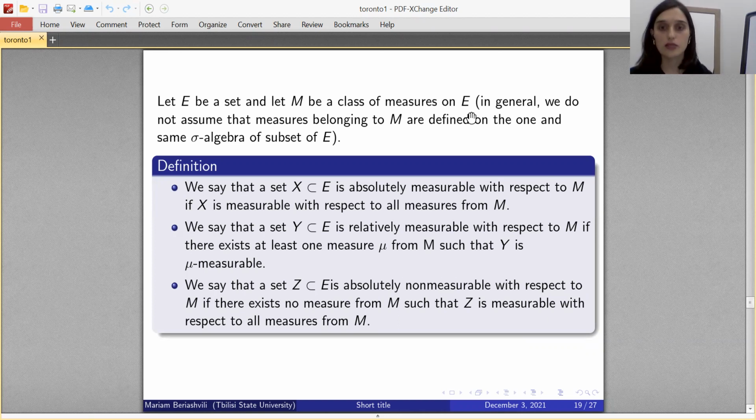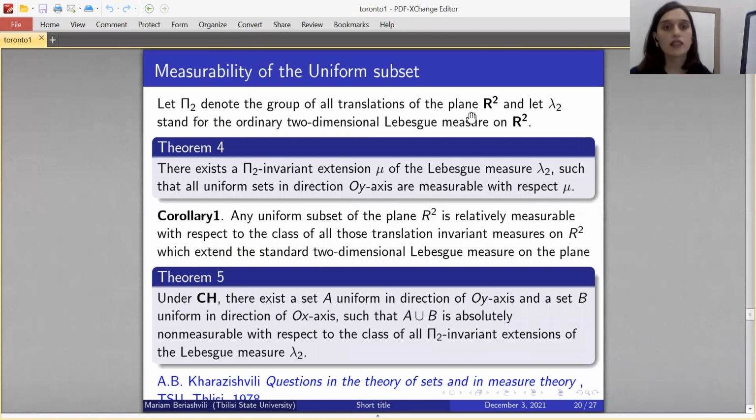We say that a set is absolutely measurable with respect to the class if it is measurable for all measures from this class, and so on. I will not define these definitions in detail. Here Pi2 denotes the group of all translations and lambda 2 is the standard Lebesgue measure. Then there exists a Pi2-invariant extension mu of Lebesgue measure such that all uniform sets in the direction of the y-axis are measurable with respect to mu.